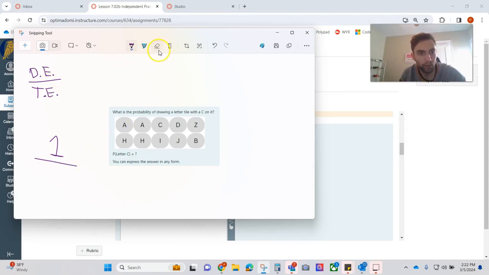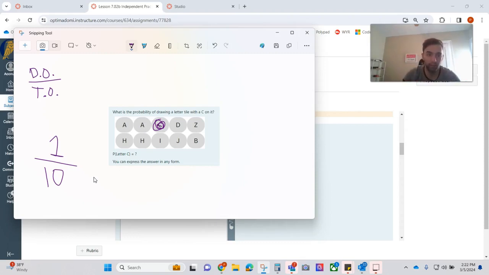So maybe instead of desired event, we could say desired outcome, total outcomes. There's only one outcome where I win. I draw this tile. But how many tiles are there? 1, 2, 3, 4, 5, 6, 7, 8, 9, 10. There's 10 total tiles. So 1 out of 10 times would I win.